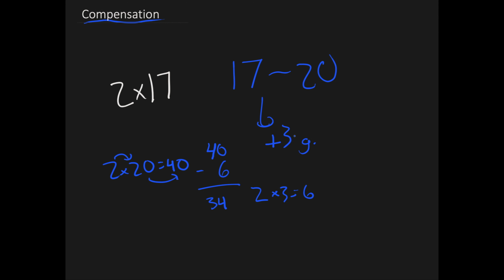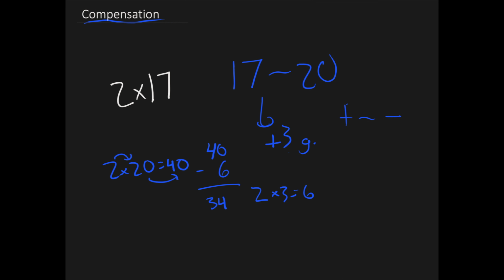Since we added 3 groups of 2, we have to do the inverse operation, and for addition, that would be subtraction. So we subtracted 3 groups of 2. 3 groups of 2 was 6, so we did 40 minus 6, and we got 34.